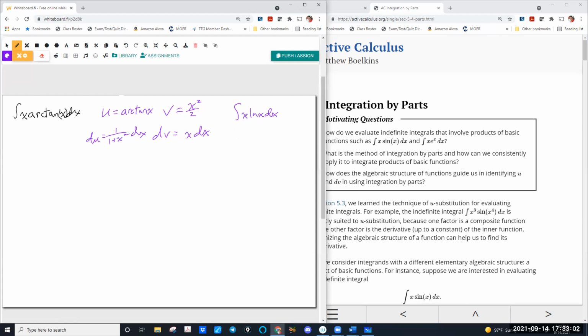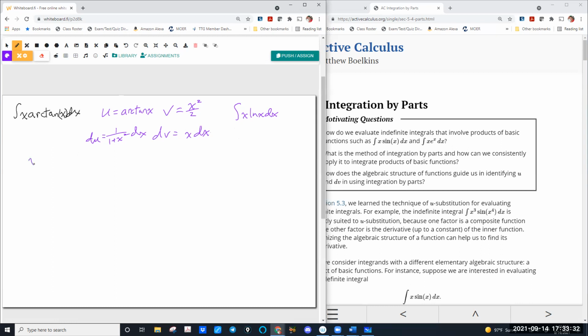So this would be another one where dv would be x dx and u would be ln of x, because we know the derivative of ln of x. So ln of x, arctan of x, some of our inverse trig functions, if you get those as part of your product, that's a hint that that's probably going to be your u. And that breaks that rule of thumb of picking x for u to make things easier. So that's why I wanted to show you this one.